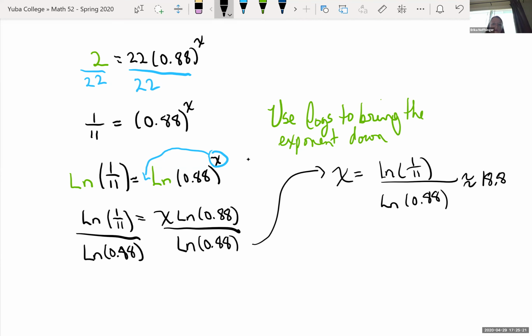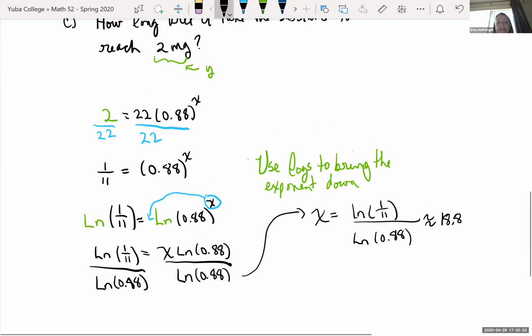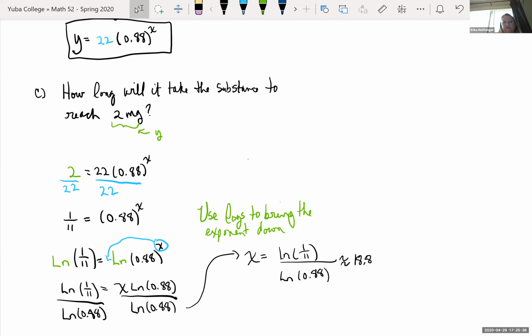Okay, so we were talking about time, and if you look back in the problem, the time that it was talking about was in terms of days. So it will take approximately 18.8 days for a substance that started at 22 milligrams to go down to 2 milligrams.